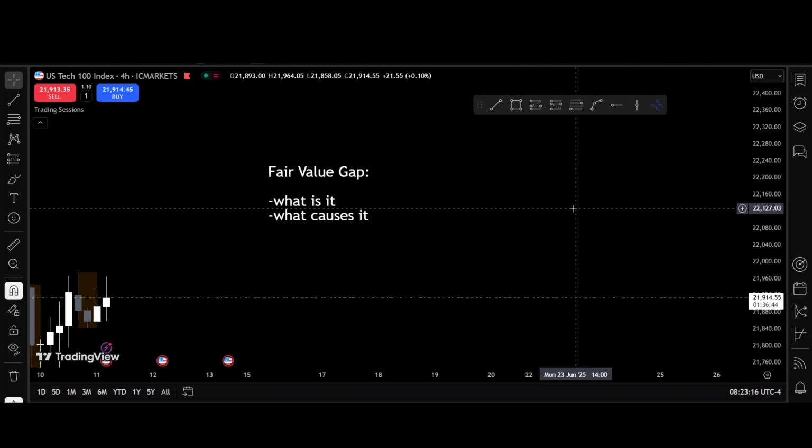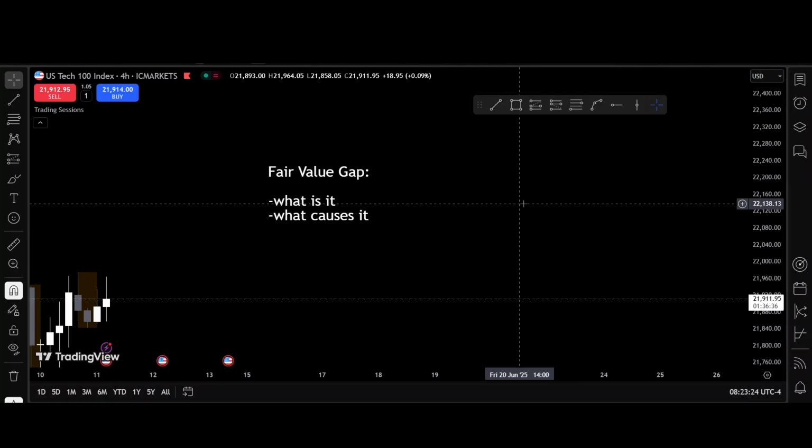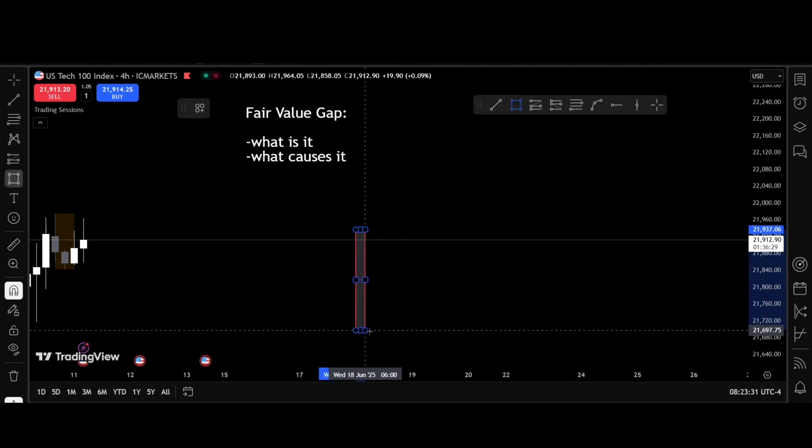Alright, let's get into what a fair value gap is. So, a fair value gap is a 3-candle structure or 3-candlestick pattern. Go ahead and draw one.